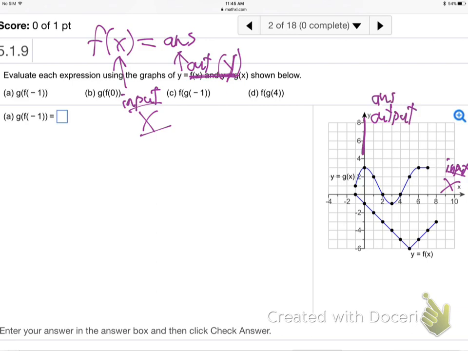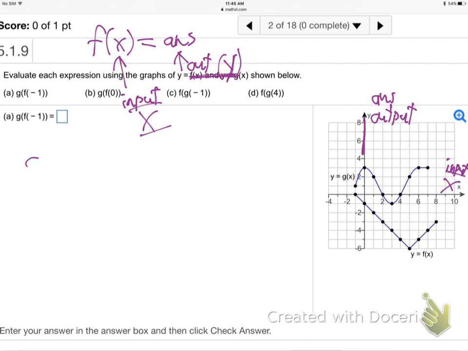So X values are inputs, plug-ins. Y values are outputs. Like I put bread into the toaster, bread would be X. Out pops toast, toast would be Y. Then that Y becomes the plug-in for the refrigerator, and out comes chilled toast. So inputs X, outputs Y. Remember that as you look at a graph.